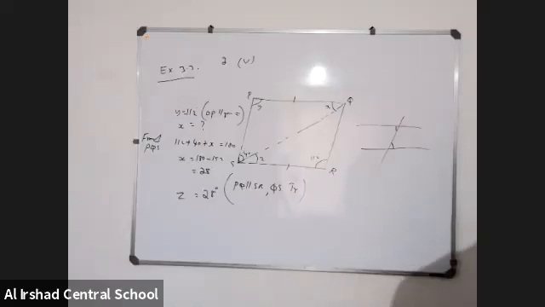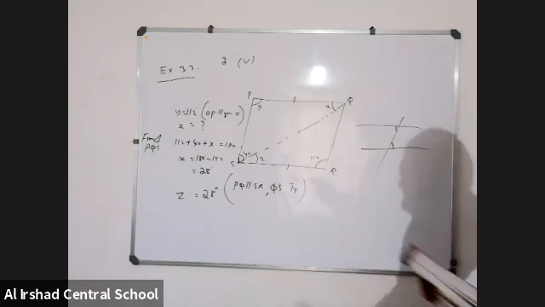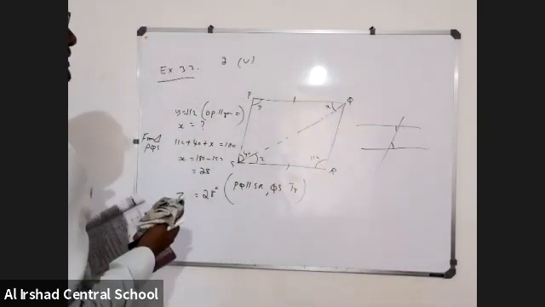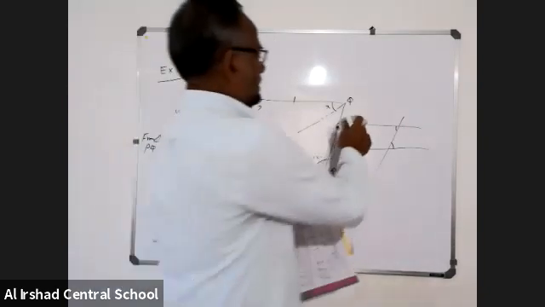Can a quadrilateral ABCD be a parallelogram? Next question, let's do it the same way. 80 degrees. Now all of you check question 3.